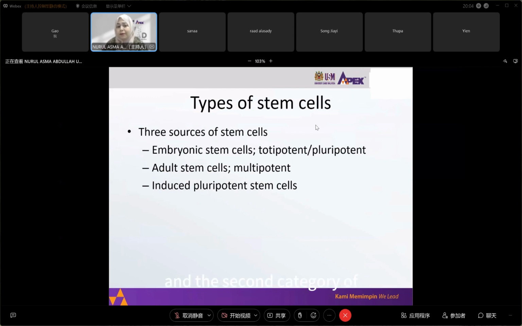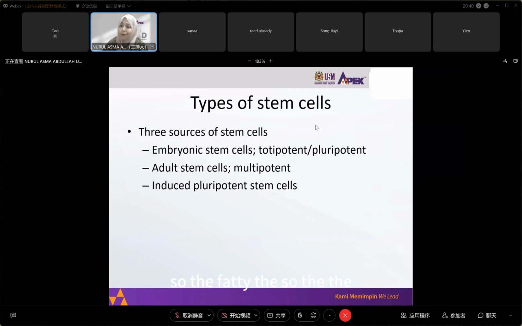The second category of stem cells is called adult stem cells. These adult stem cells are in the category of multipotent stem cells. You can isolate adult stem cells at various locations in your body, from the bone marrow, from the fatty tissue, for example via the liposuction procedure, whereby people who are overweight go for liposuction.